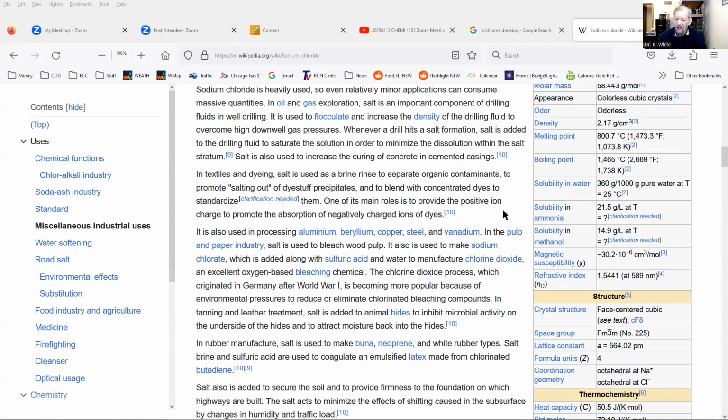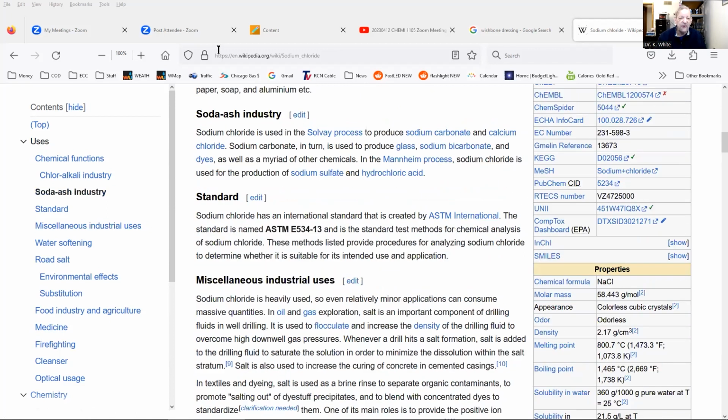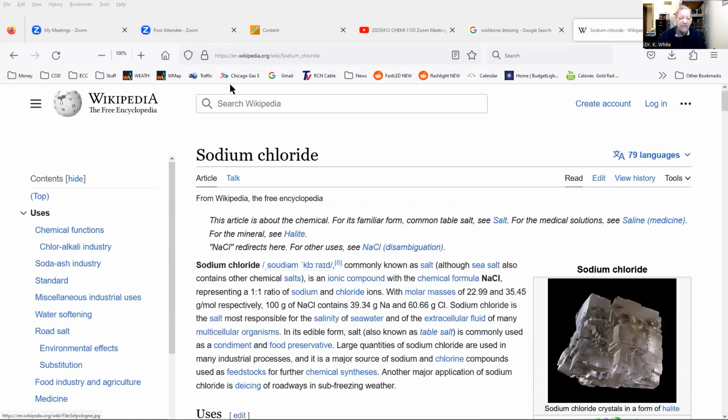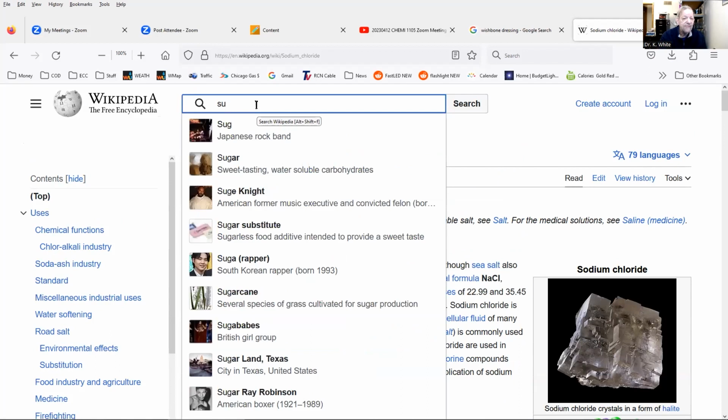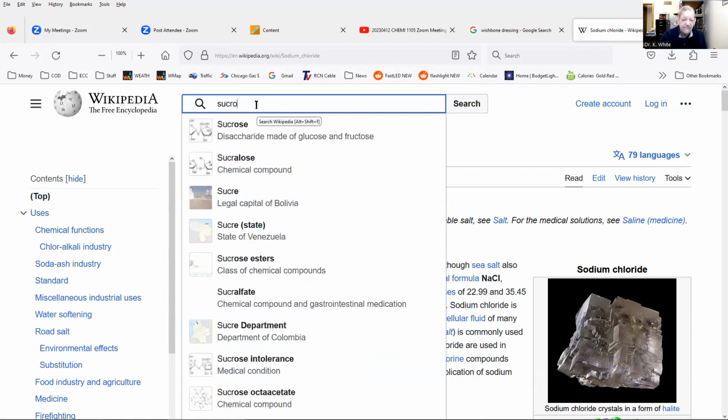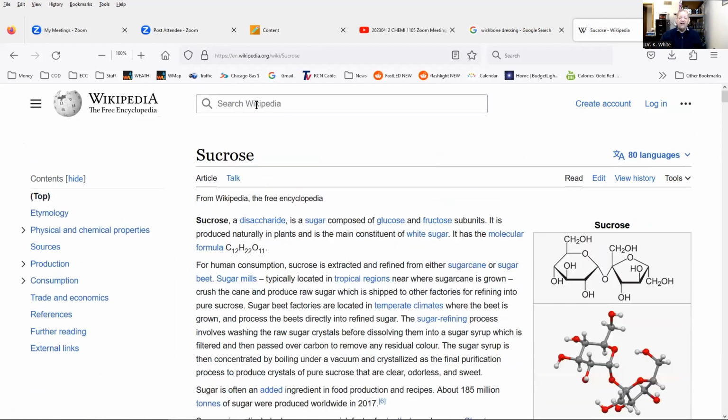Now, they have ammonia and methanol, which we'll never use in this class, with the solubility in grams per L, liter, 1,000 milliliters, but there's no temperature. That's why they need a clarification. And if we do this real quick, let's go up to the top. Sucrose is table sugar.